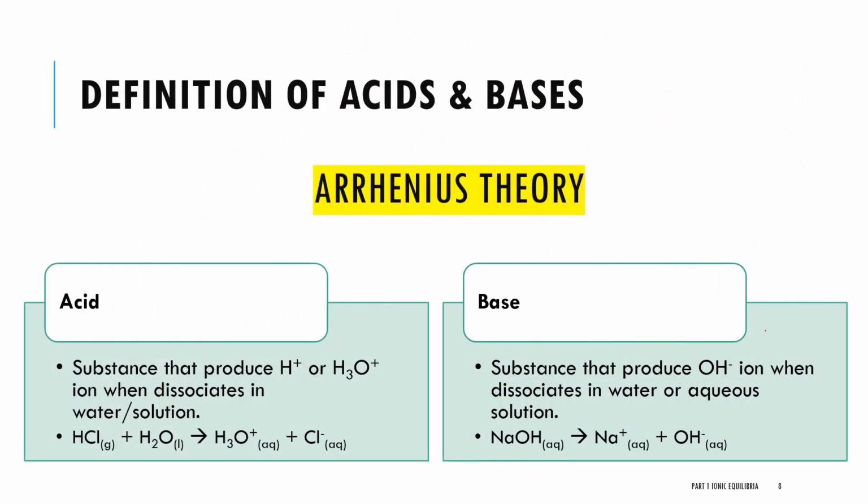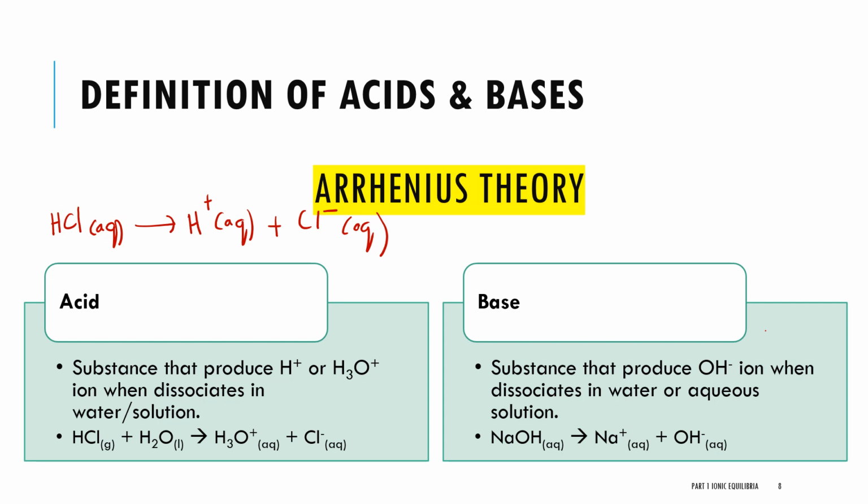Next theory is Arrhenius theory. According to the Arrhenius theory, an acid is a substance that produces H plus or H3O plus ion when it dissociates in water or solution. Probably in previous secondary school, you have learned to write like this. HCl, when mixed with water, becomes aqueous. When it dissociates in water, you will get H plus, aqueous, and Cl minus, aqueous.